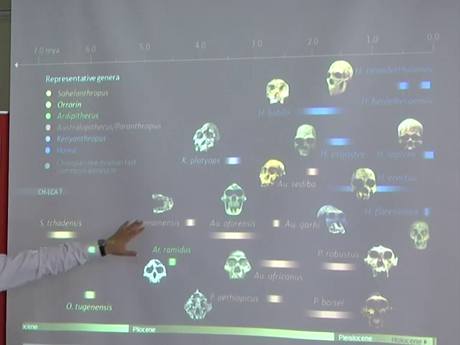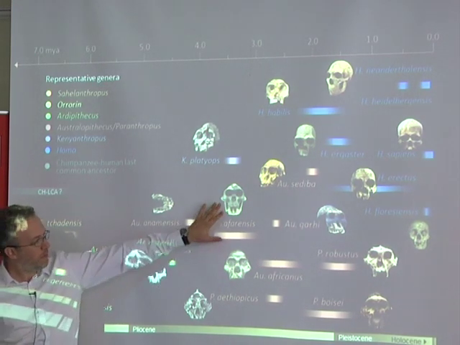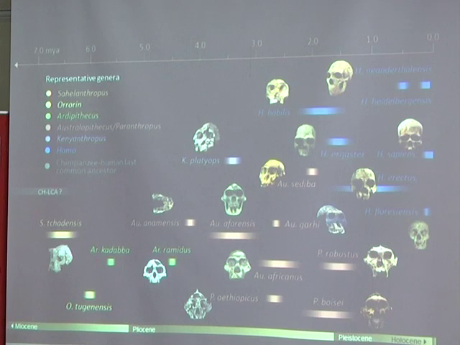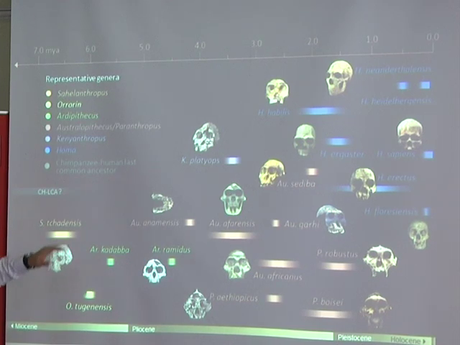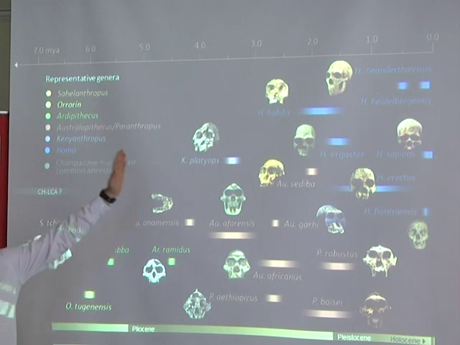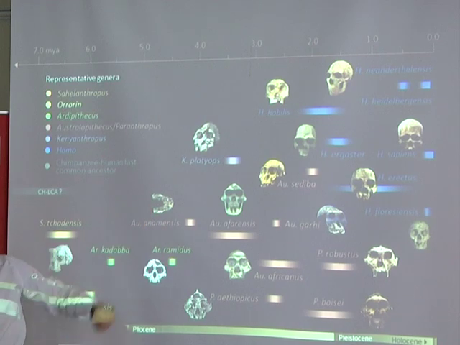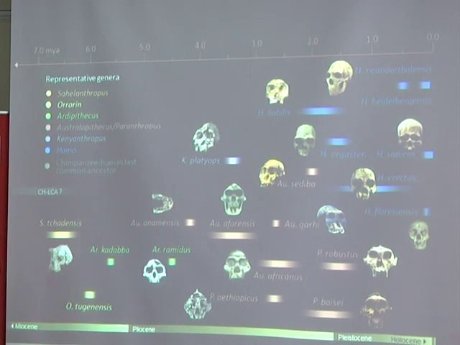Here in brown we have the Australopithecus family, with the famous Lucy, 3.5 million years ago, Australopithecus afarensis. And then as we move closer to our time, we have Homo habilis, Homo erectus, Neanderthalensis that we'll talk about later, and humans.